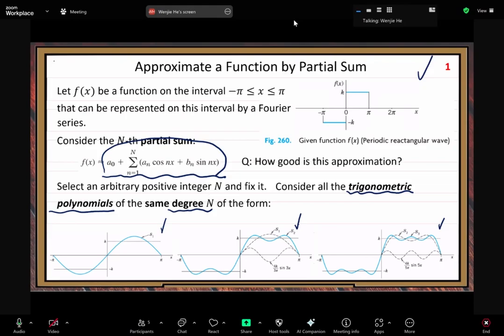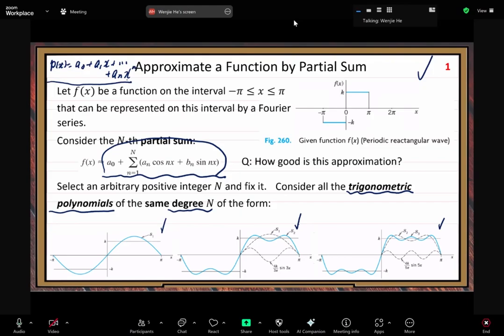Let's consider the polynomial function a0 plus a1 x plus dot dot dot plus an times x to the n. That's the standard polynomial, right?